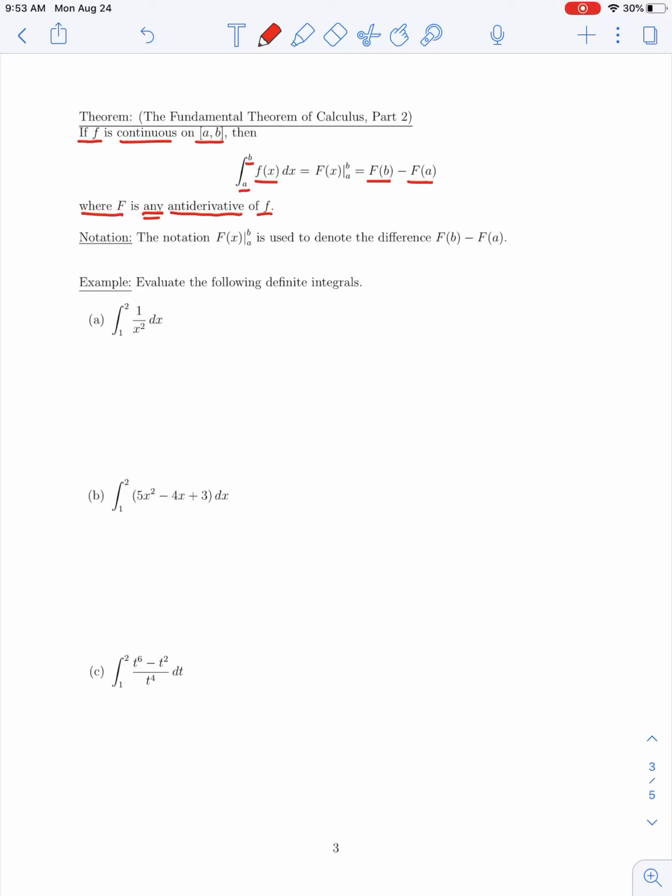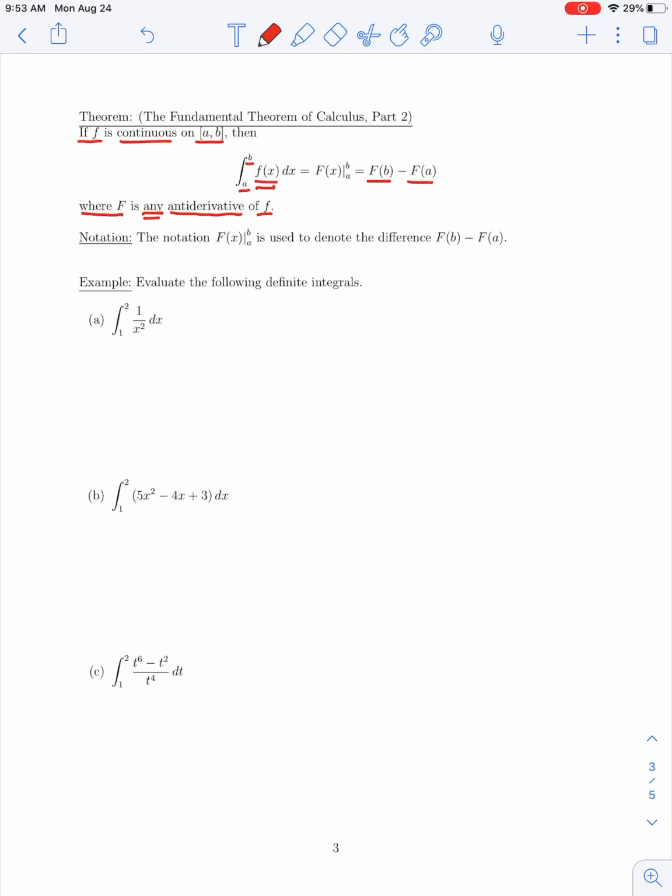So in summary, what the second fundamental theorem of calculus says is, to evaluate the definite integral of some function f of x, which would represent the area under the graph of that function on an interval from a to b, we can find any antiderivative of that function that we're integrating.